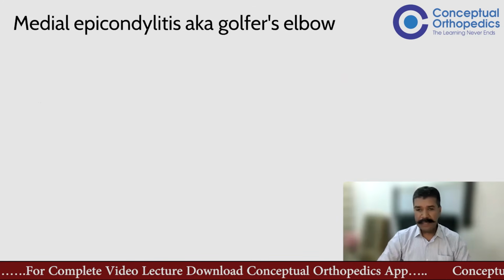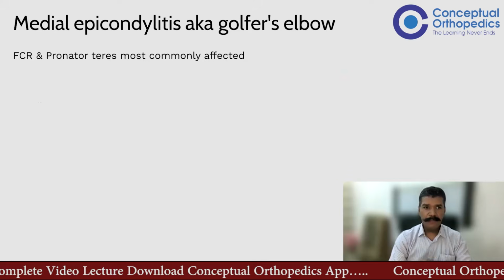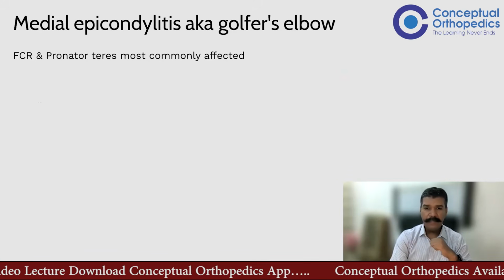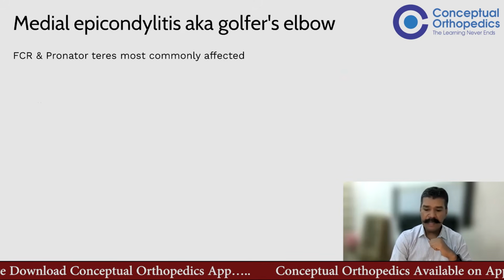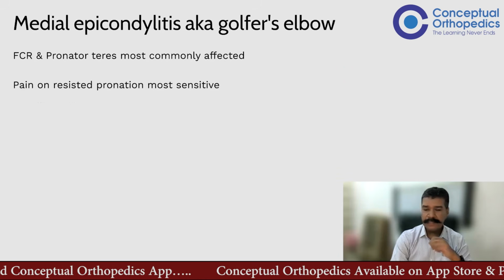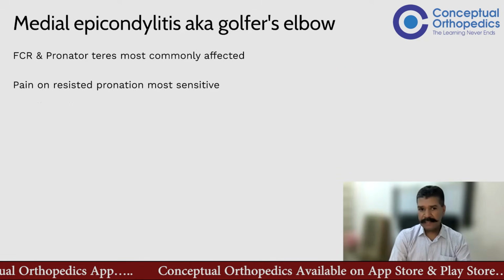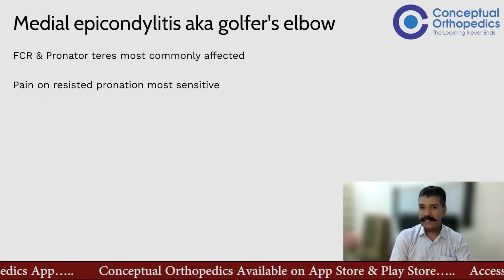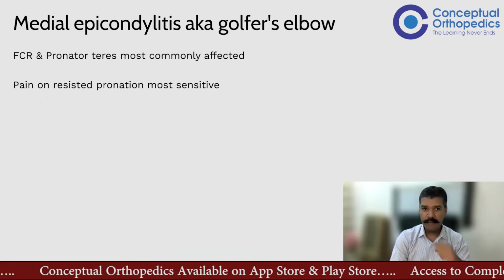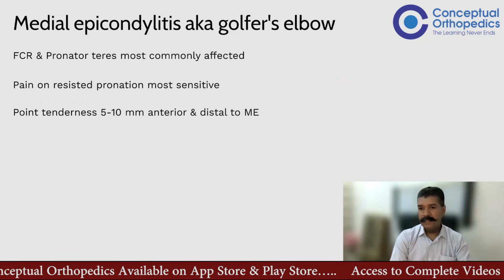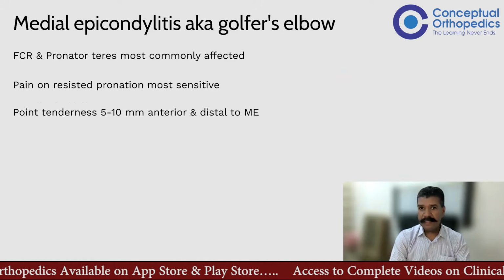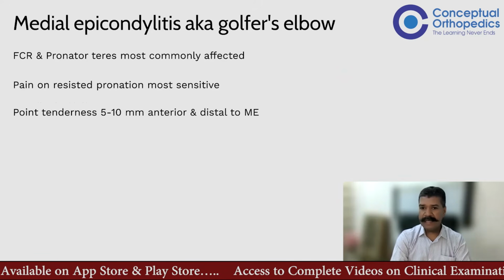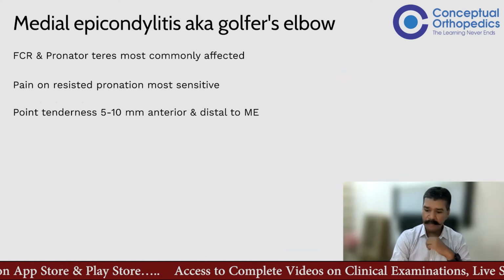Now, medial epicondylitis is also known as golfer's elbow. Generally, the commonly affected muscles are the flexor carpi radialis and the pronator teres. The most sensitive test is pain on resisted pronation. Why? Because pronator teres is commonly affected. There is also a point tenderness 5 to 10 millimeters anterior and distal to the medial epicondyle.